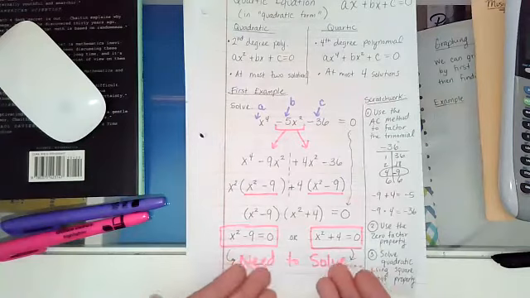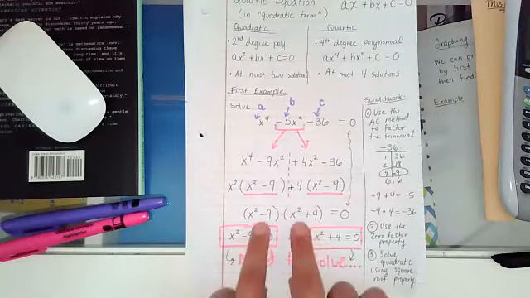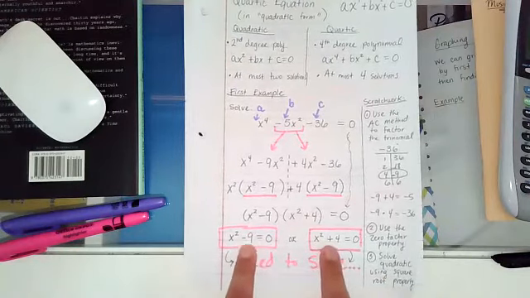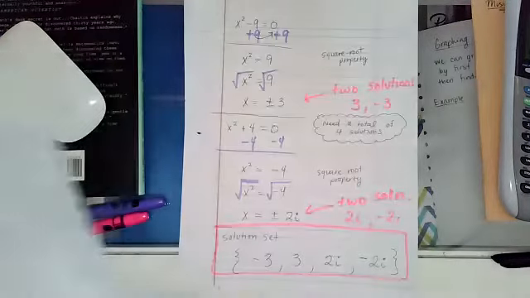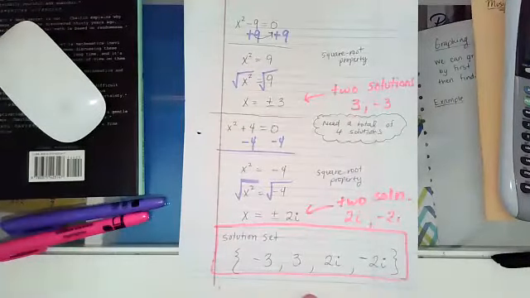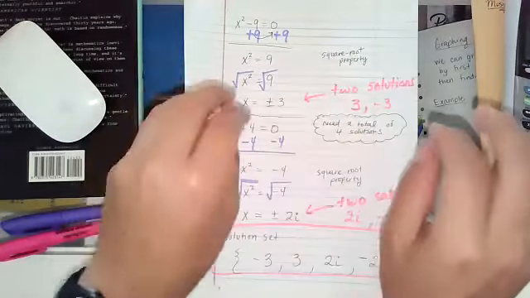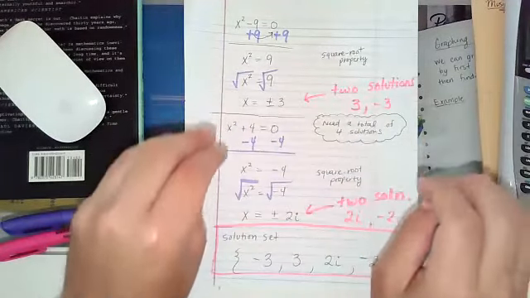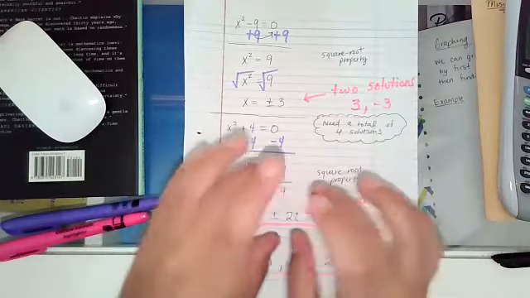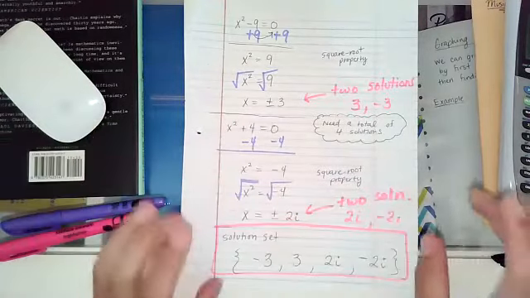But because this is a quartic equation and these 2 factors at the end are quadratic, then you have to solve those 2 quadratic equations. Okay. So just make sure that you separate those 2 quadratic equations, you solve them correctly, and that at the end you should have 4 solutions.